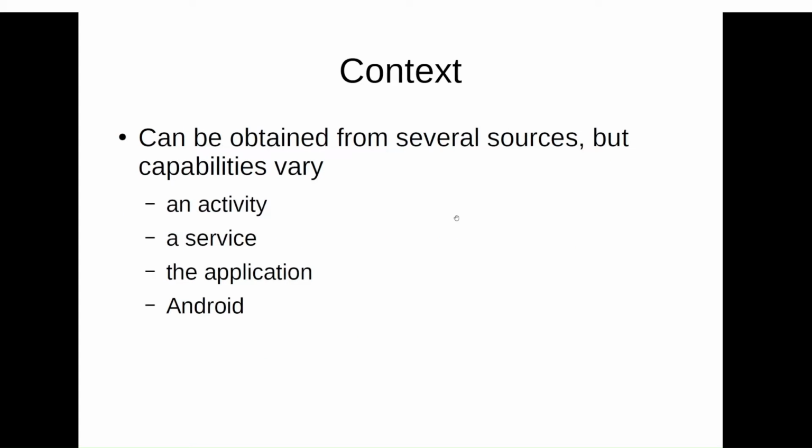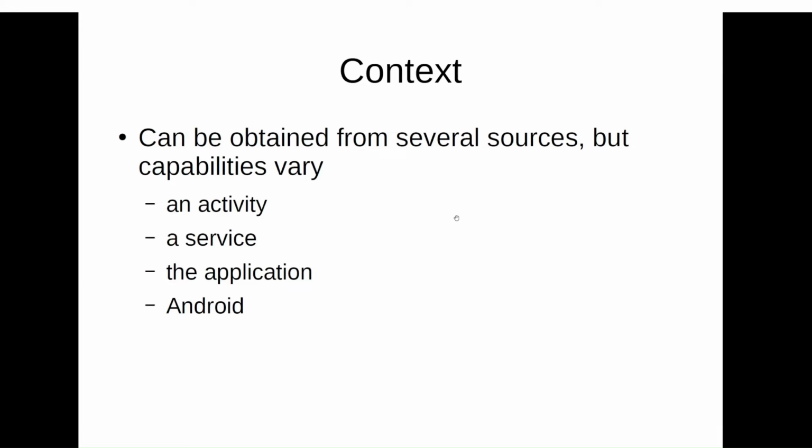Now, context itself allows us to do these things, but what you are able to do depends entirely on the source of the context object. Essentially, you can get context from any of four places.